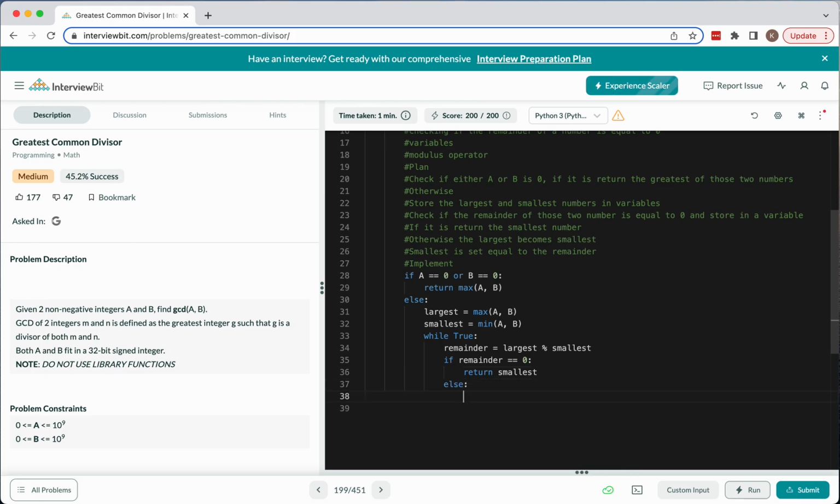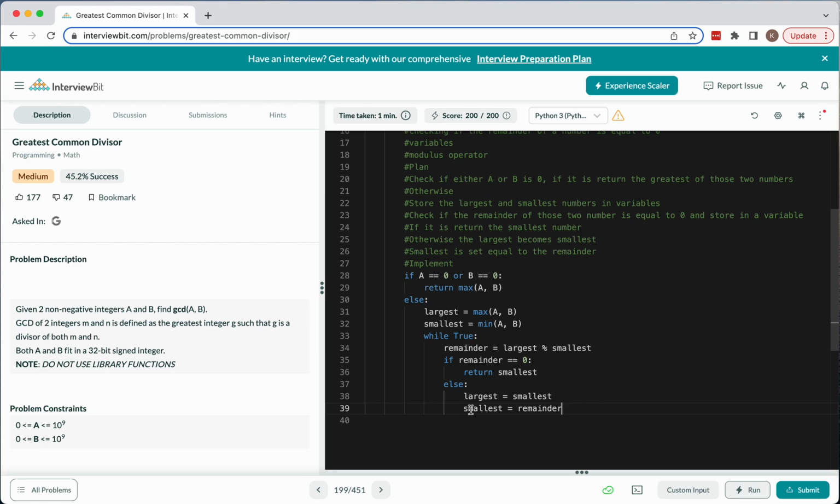Otherwise, the largest becomes the smallest, and smallest becomes the remainder. And this is the Euclidean algorithm. I'd have to look it up to see why exactly this works, but I think we check if the remainder of the two numbers is equal to 0.